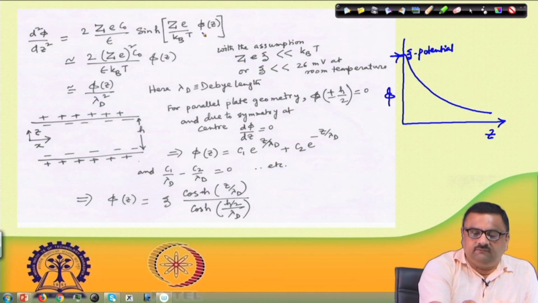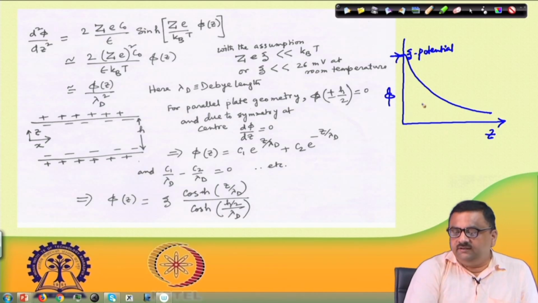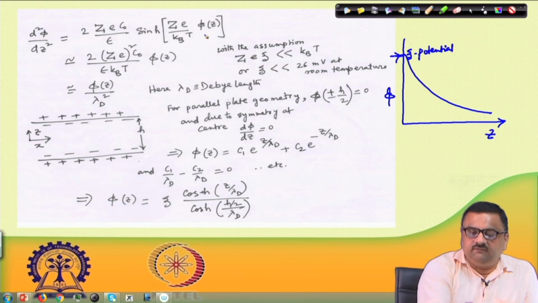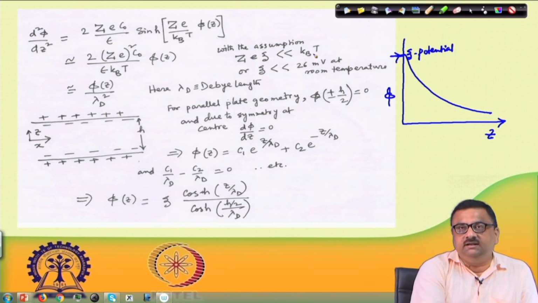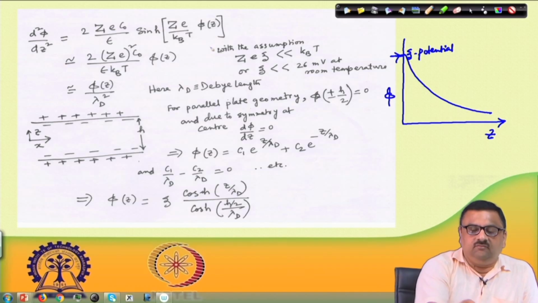Now, instead of phi z, we can see that phi would always be less than the zeta potential. So, instead of phi, we replace this with z e zeta, and as long as z e zeta, the numerator, is much less than k b t, then one can replace sin h u by u.